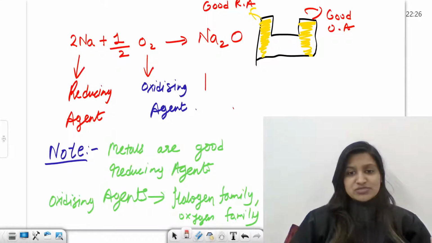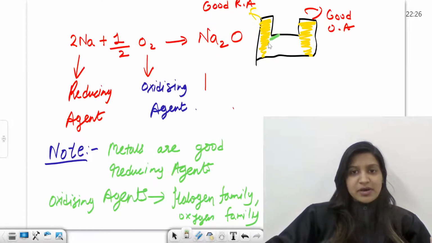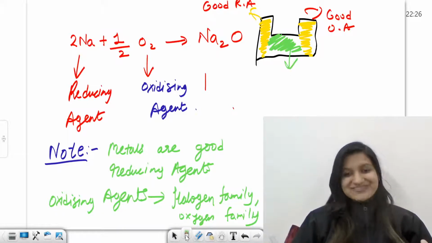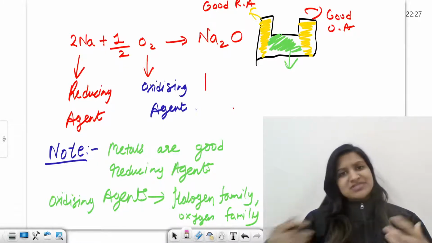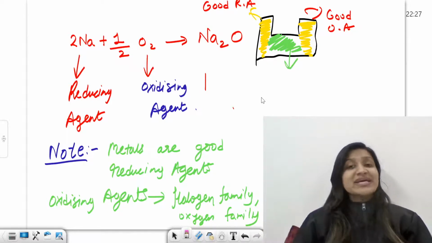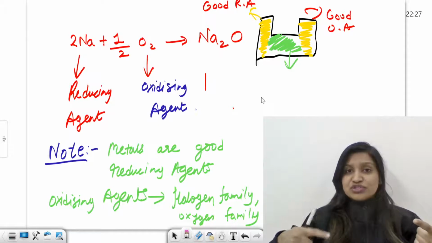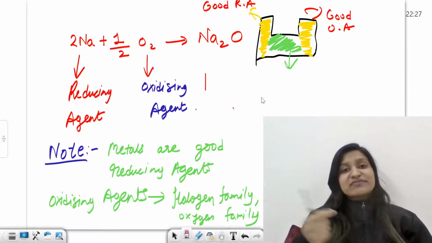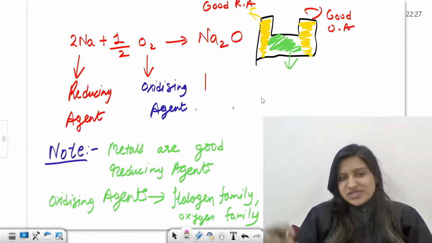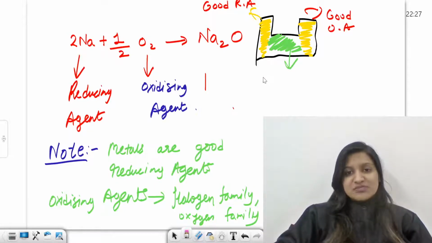Then what about the ones in between? According to the situation given to them, they may behave sometimes as a reducing agent and sometimes as an oxidizing agent, depending upon whether, in order to complete their octet, they want to receive electrons or give away electrons. So they may behave as both.